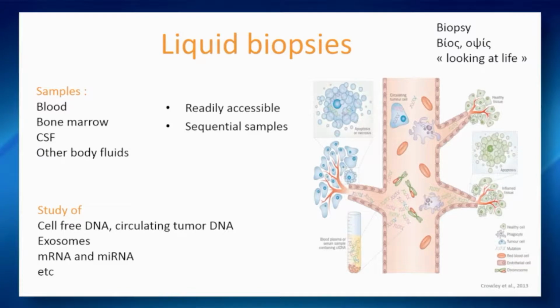So we've already heard a lot about liquid biopsies, what these are. I like to remember that the word biopsy is in fact from the old Greek word bios and opsis, looking at life. It's just a nice thought to think what we're actually doing. And I would like to concentrate in my talk further on the use of the study of cell-free DNA or circulating tumor DNA.